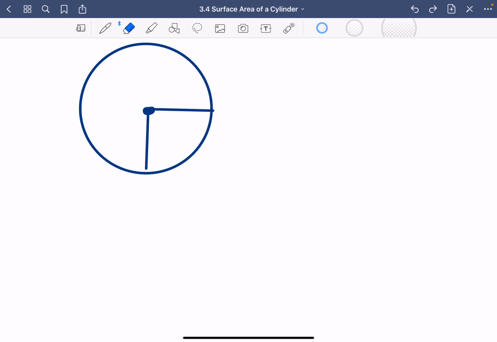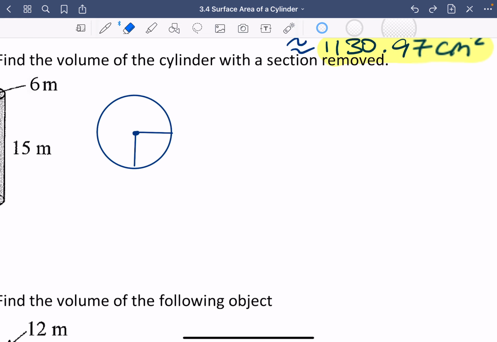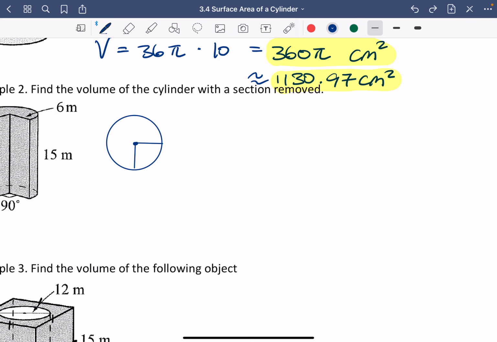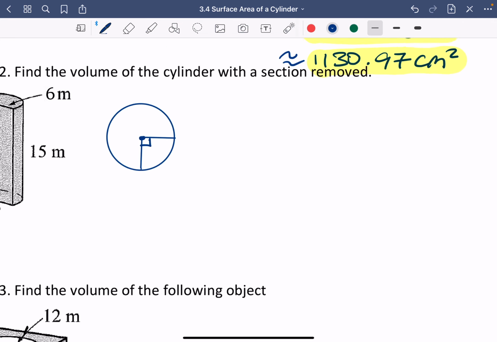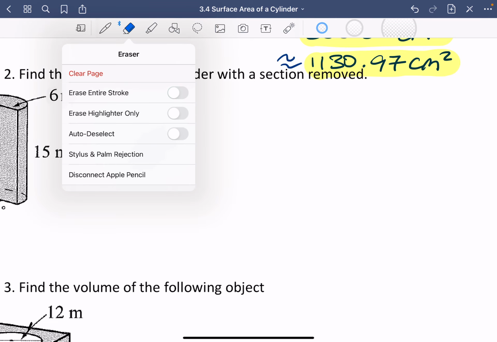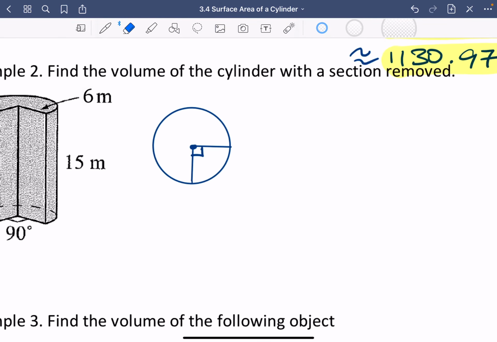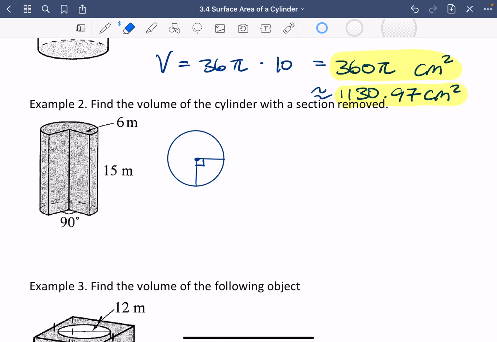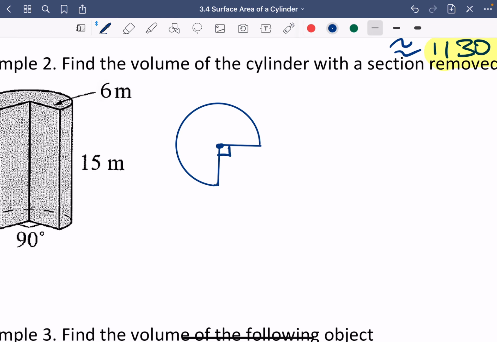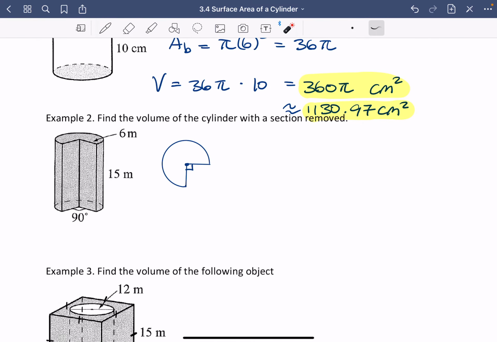It looked like a circle with a 90-degree section removed. So the section that's being removed will look like this. This piece is removed.